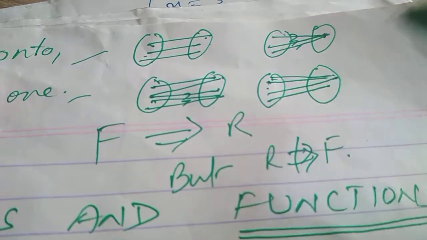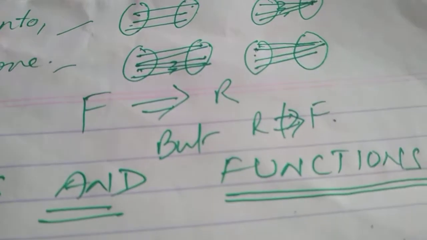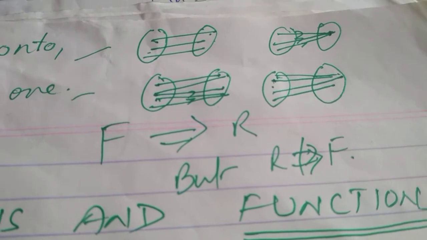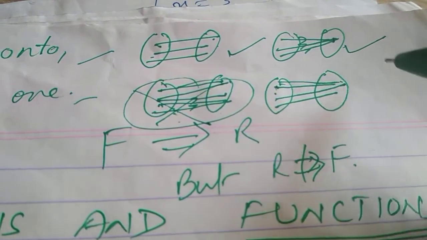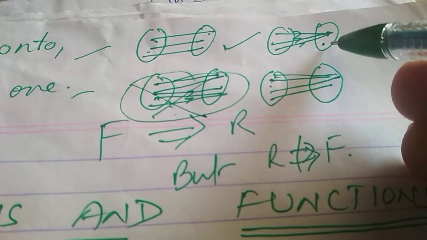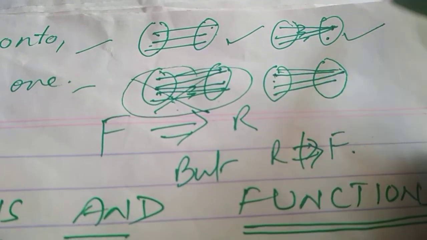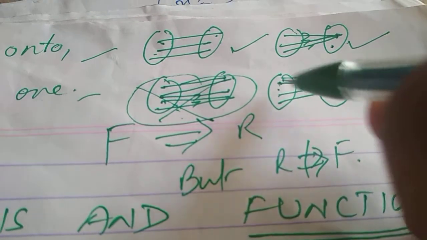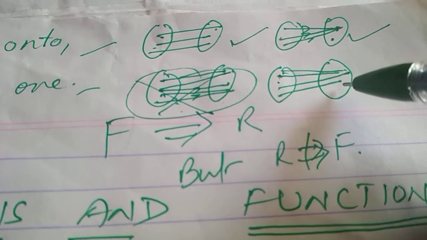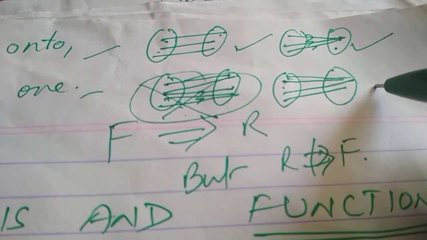You need to find out and identify which is a relation and which is not. So this kind of relation will never be a function. So this is a function, this is a function. Even if there is some element left out in the codomain, it will be a function only. If there is no element left out in the codomain, all elements are getting mapped, then it will be an onto function.